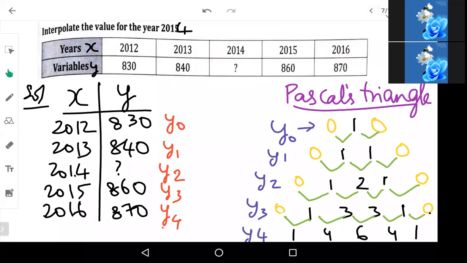Now coming back to the question, the value of y0 is 830, y1 is 840, y2 we don't know, y3 is 860, y4 is 870. Correct? So we will be considering these values from y0 till y4.